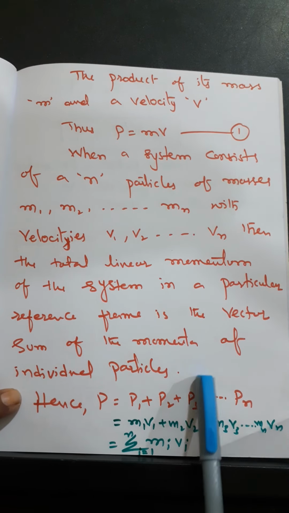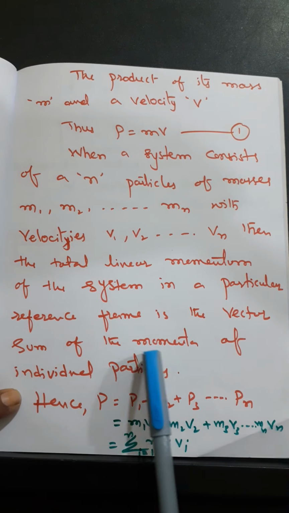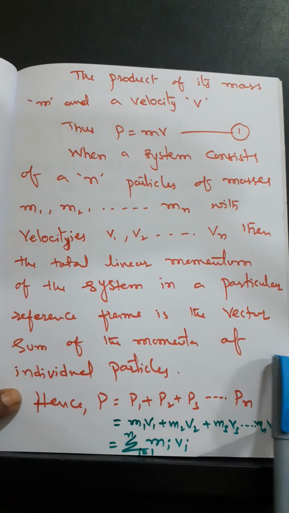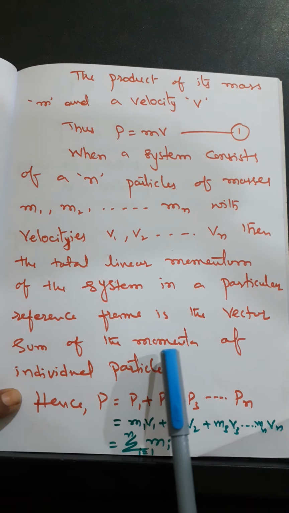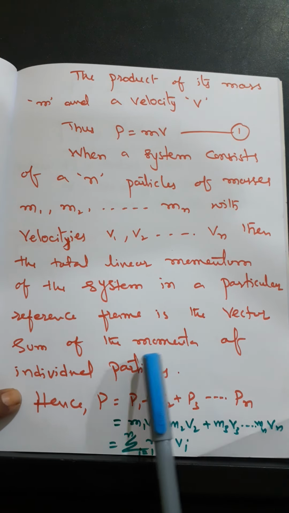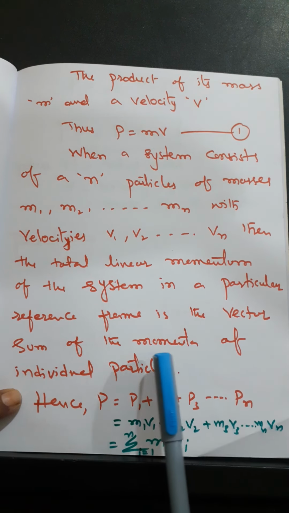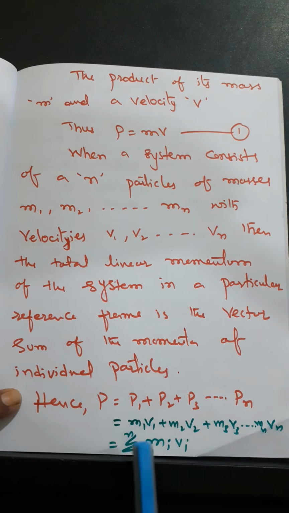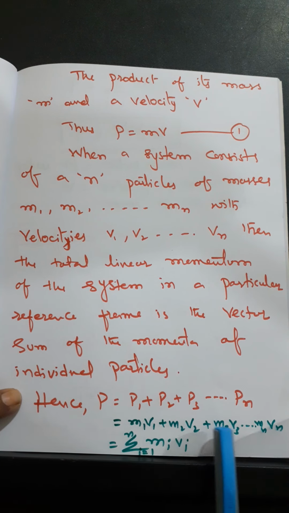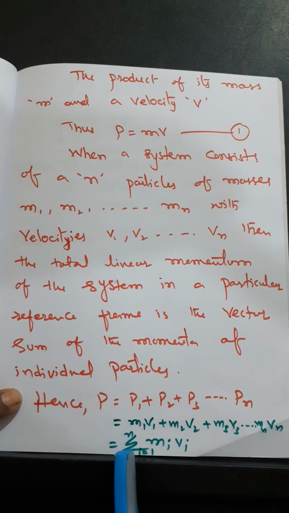Consider a system moving in any direction, where each particle has some mass and some velocity. Then the total linear momentum will be m1v1 + m2v2 + m3v3 and so on, which can be written as the summation over i = 1 to n of mi vi.